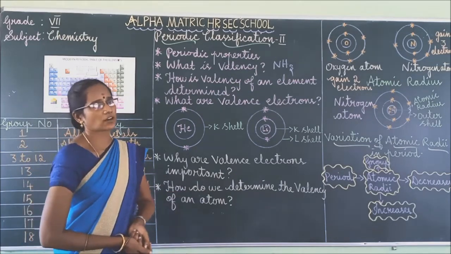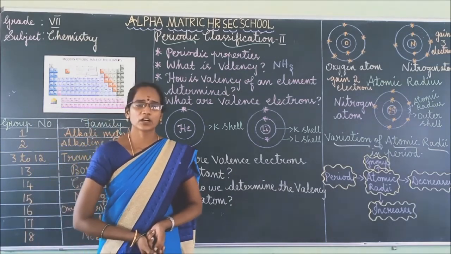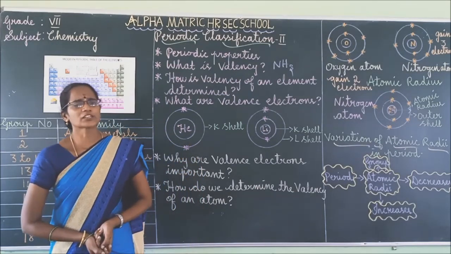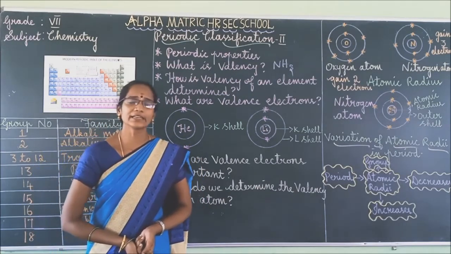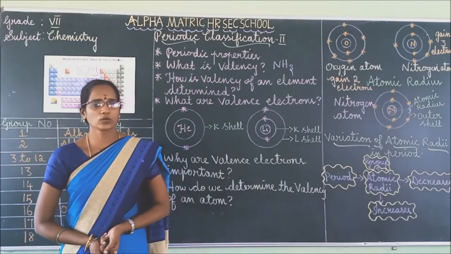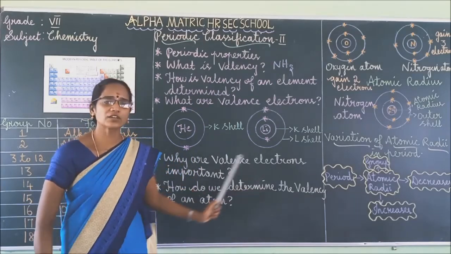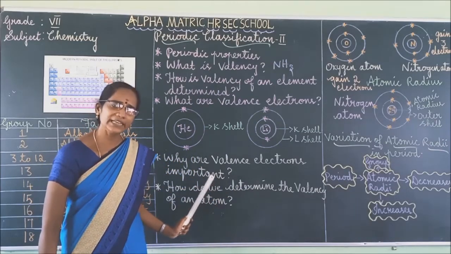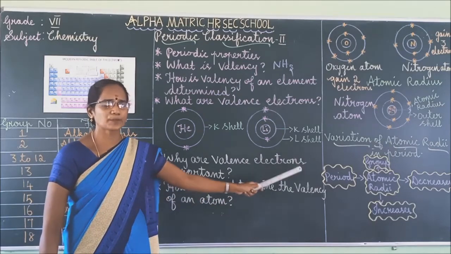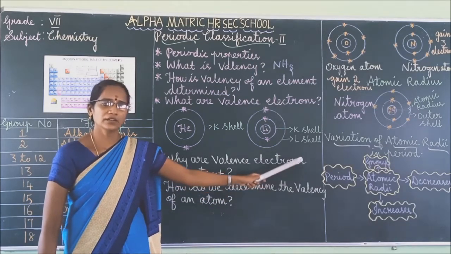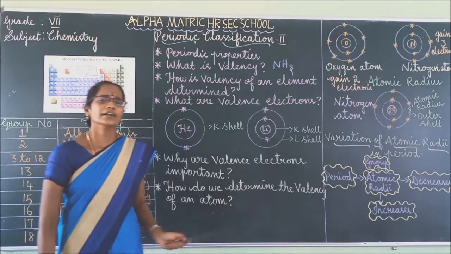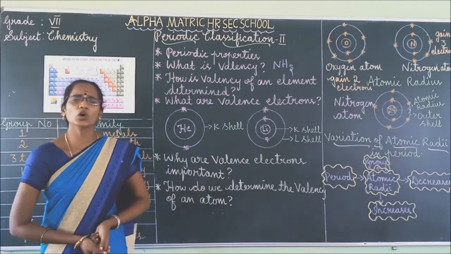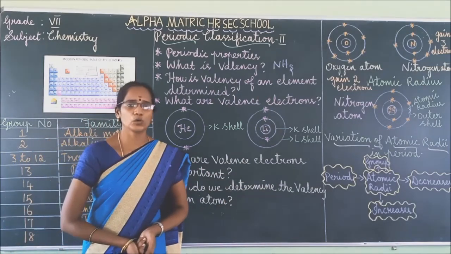Valence electrons are important because these electrons directly take part in the chemical reaction. And also here you should know about the octet rule.